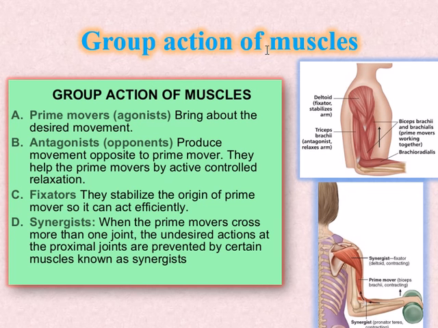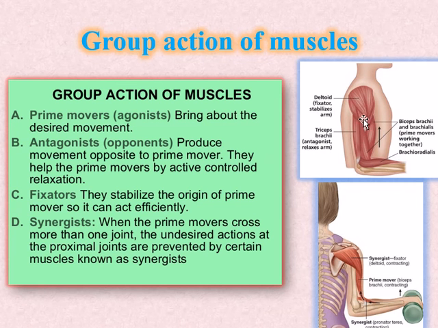What is group action of the muscles? Prime movers bring about the desired movement. We can say these are basically the agonists. Antagonists or opponents produce movement opposite to the prime mover. They help the prime mover by active controlled relaxation.